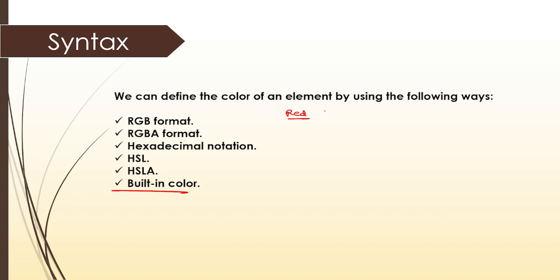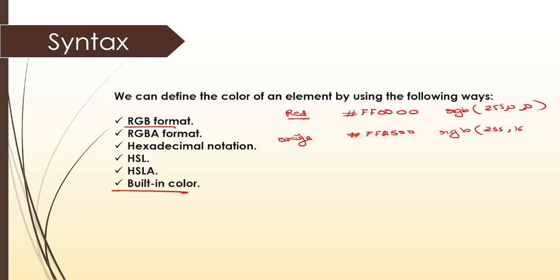For red, the hexadecimal code is #FF0000, and if you want to use RGB format, the red color is RGB 255, 0, 0. For the color orange, our hexadecimal value is #FFA500, and in RGB, the orange color code is 255, 165, 0.